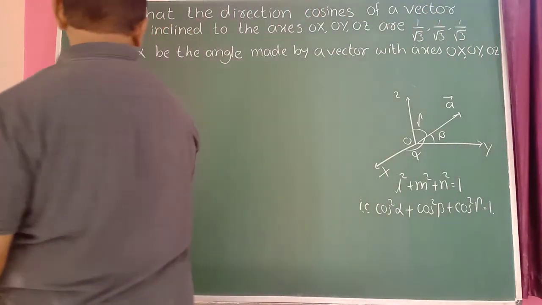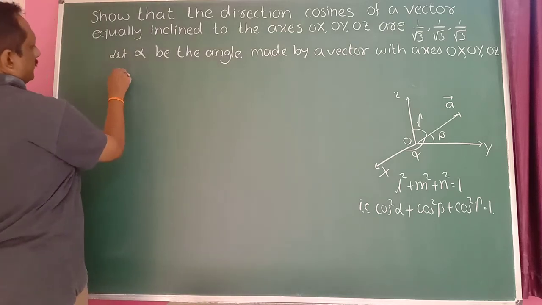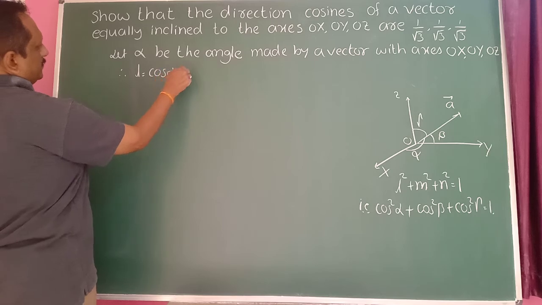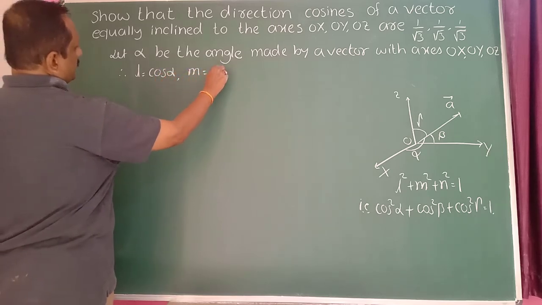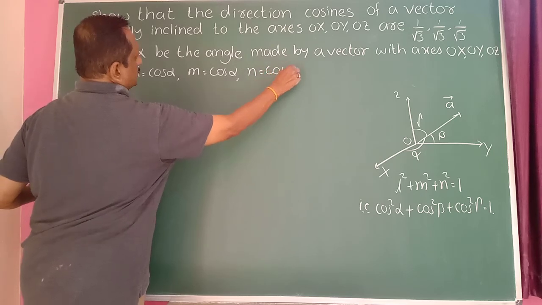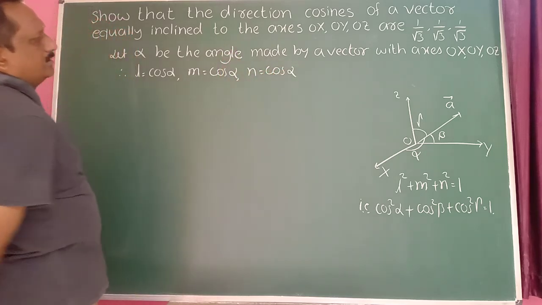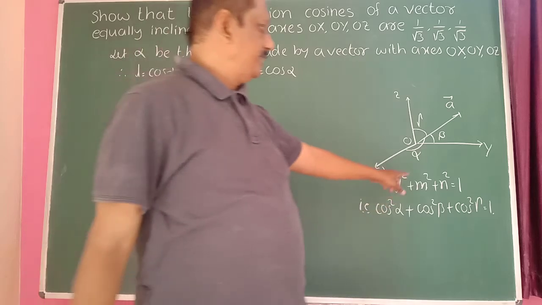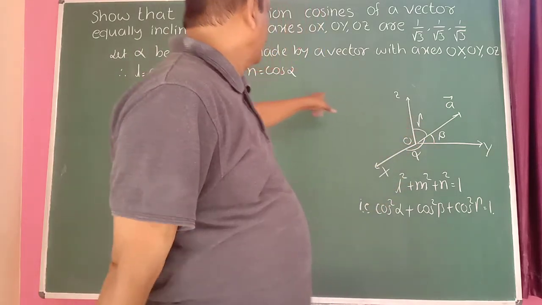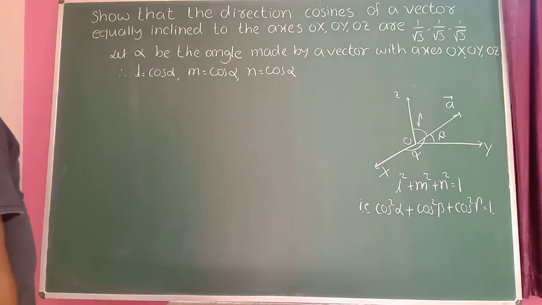Therefore, l is equal to cos alpha, m is equal to cos alpha, and n is equal to cos alpha because all the angles are equal here. Alpha, and beta is equal to alpha, gamma is also alpha here. So l, m and n are cos alpha here.